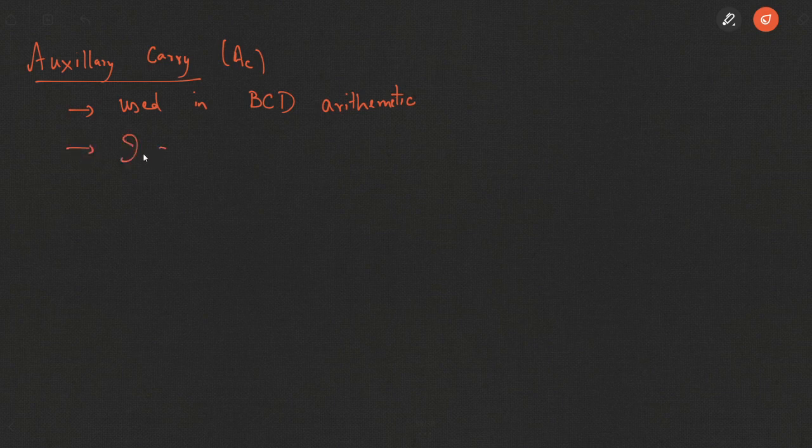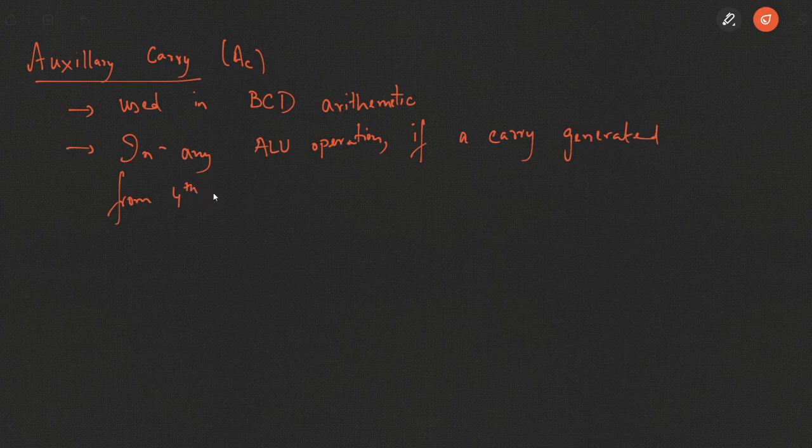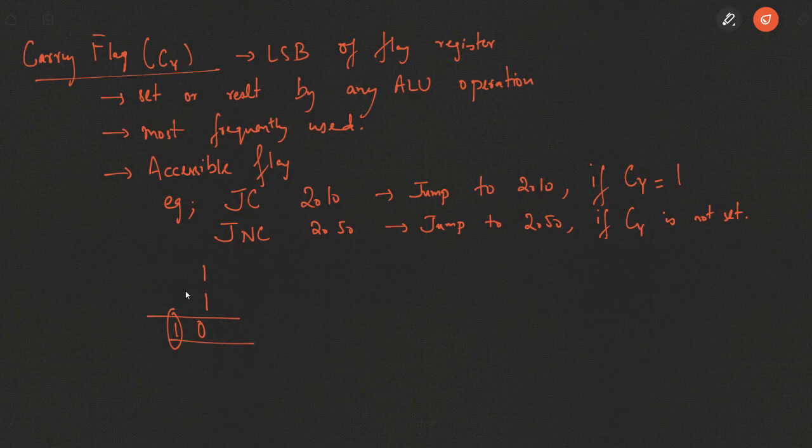So in any arithmetic or logical operation, regarding this BCD operation, if a carry is generated from the fourth to fifth position, AC is set, or else reset. So whenever any ALU operation takes place on any 8-bit number, we check whether a carry is generated from the fourth to fifth position.